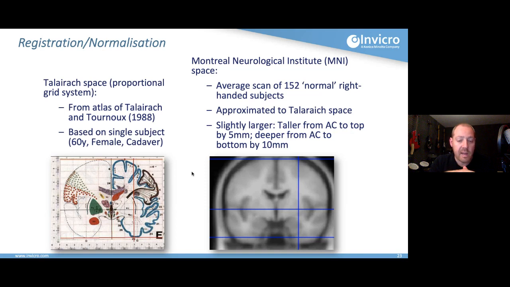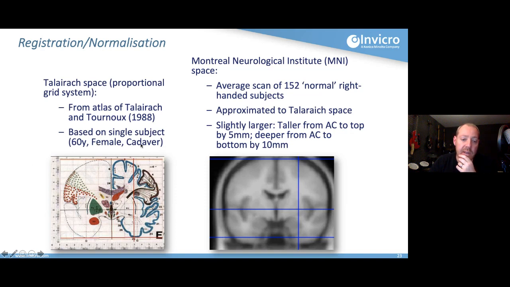What you have to do instead is first morph and warp each of your subject's brain to fit a standard template. And then once each of your subject's brain is the same size and shape as the standard template, then you can do the average across all your subjects' brains and get a mean result. So that's the purpose of normalisation normally.